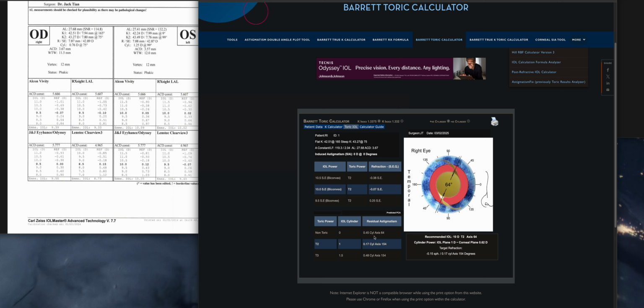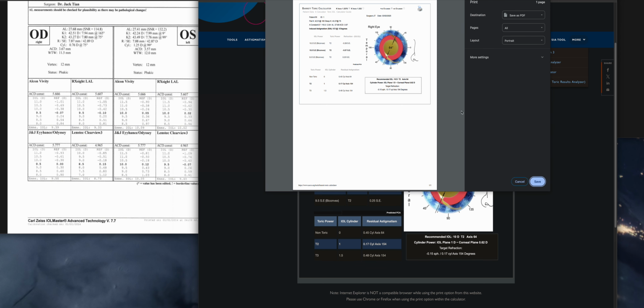And I may or may not do an LRI. I really don't think it's worthwhile at anything less than 0.5, but sometimes I'll just do 0.5 LRIs. Yeah, I guess I'll decide on day of surgery. Okay, let's save that.